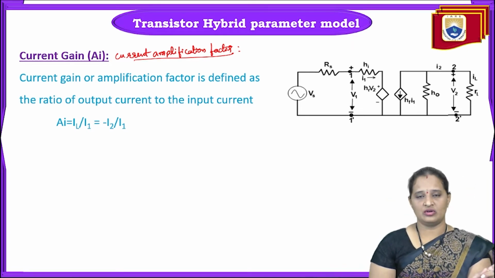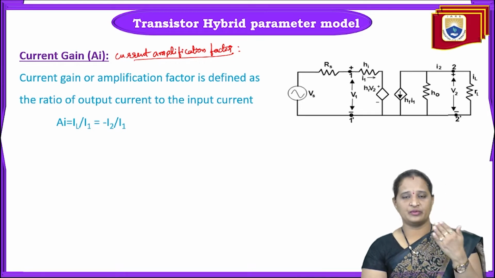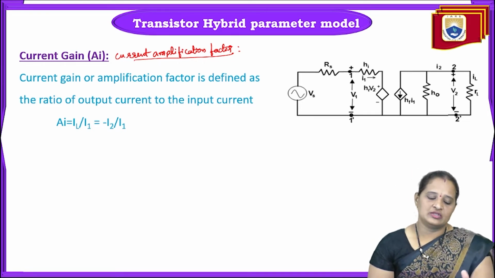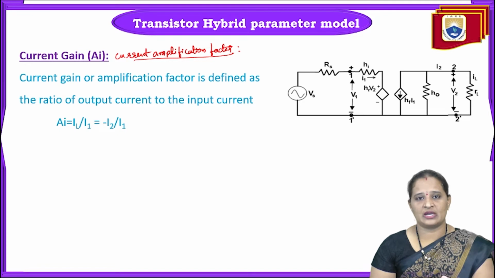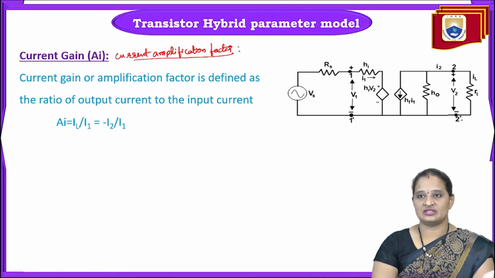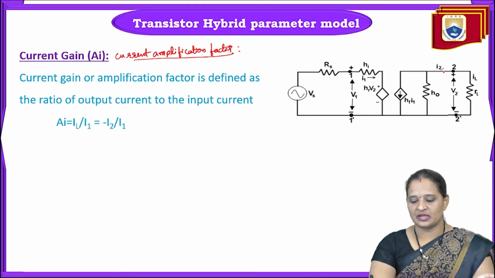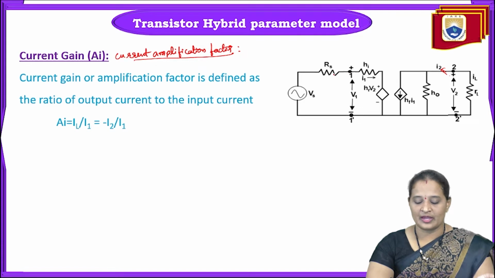First of all, we know that gain is a parameter calculated from output to input, right? As it is current gain, it is defined as the ratio of output current to input current. Here, this is a generalized circuit, so the output current is considered as I2, whereas the input current is considered as I1.